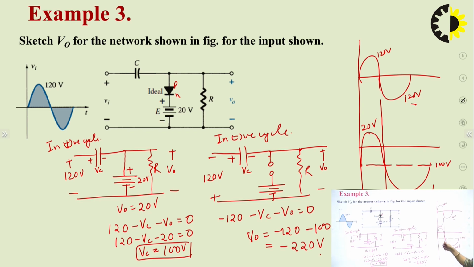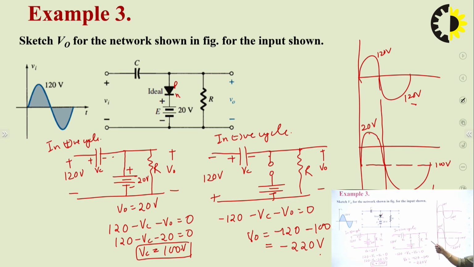So for drawing the waveform, we can see the Vc value. Vc shows the amount of DC level shifting. So 100 volt has been shifted, and see the sign of the capacitor. If it is coming from plus to minus, it means the DC level will be drawn below the zero line. So it is at minus 100 volt DC level.